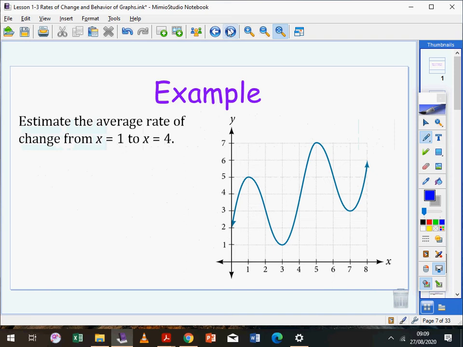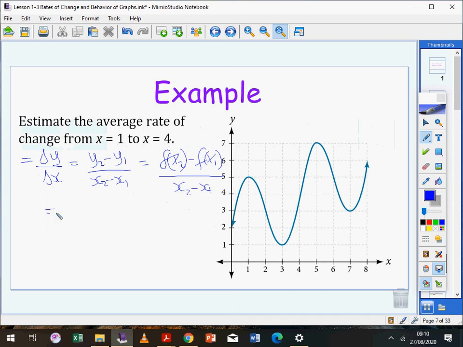Estimate the average rate of change of this function from x equals 1 to x equals 4. Again, rate of change is delta y over delta x, y2 minus y1 over x2 minus x1. So I need to ask myself, what's the value of the function for the second input value, and what's the value of the function for the first input value.